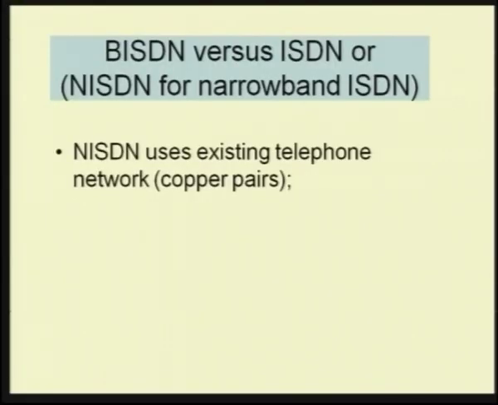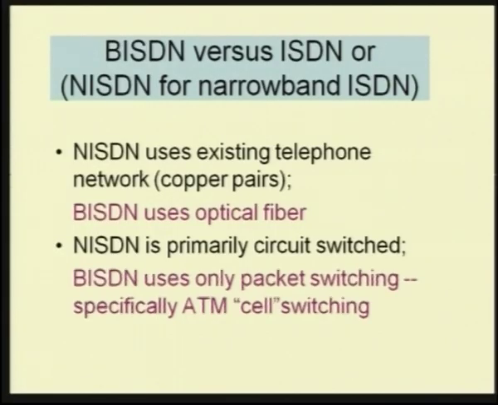So, if you do a quick comparison of BISDN and narrowband ISDN, or NISDN as we can call it: NISDN uses the existing telephone network, typically using copper pair, whereas BISDN uses optical fiber. So that is the difference at the physical layer. And NISDN is primarily circuit switched, whereas BISDN uses only packet switching, specifically ATM cell switching.